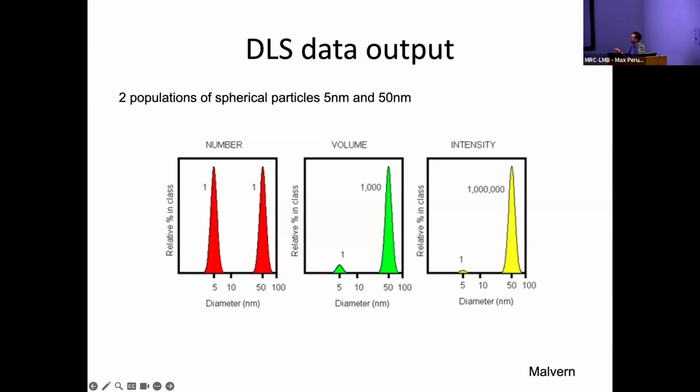It's possible that you can jump to this one, and we know this is correct because we made this up and we know it's 1-to-1. But if you've got an unknown sample, it's really important to look at the intensity first. It's absolutely fine to use these ones, but do look at the intensity, because something like that is going to really skew the results.